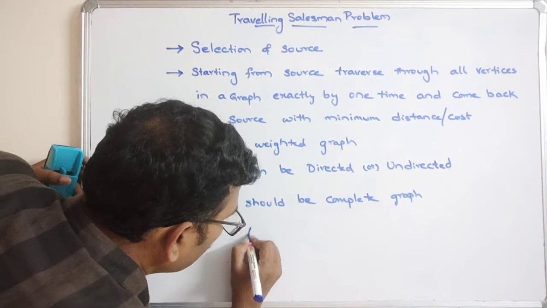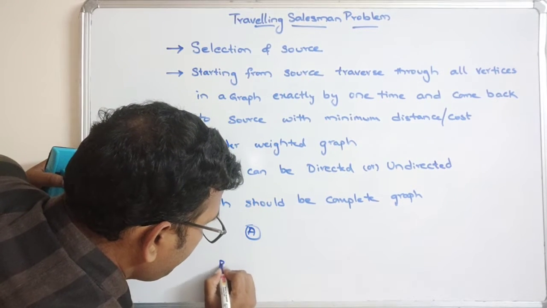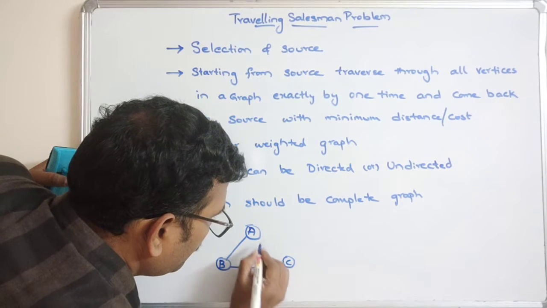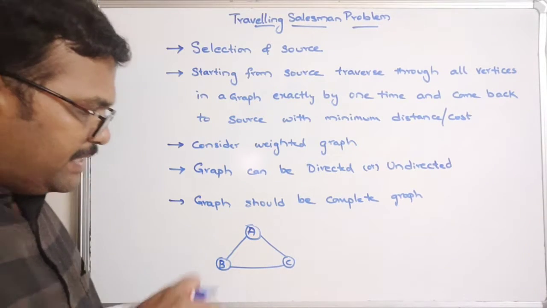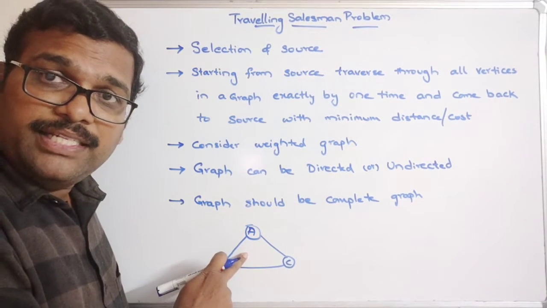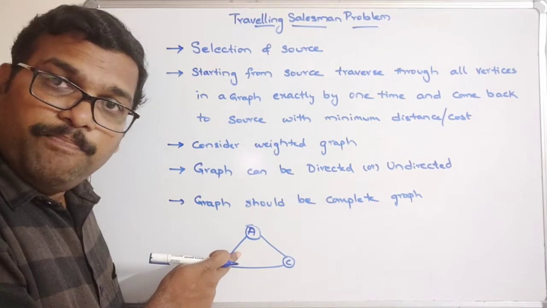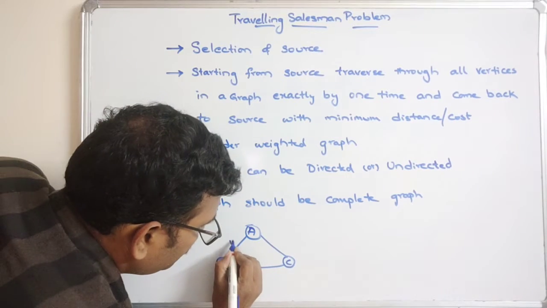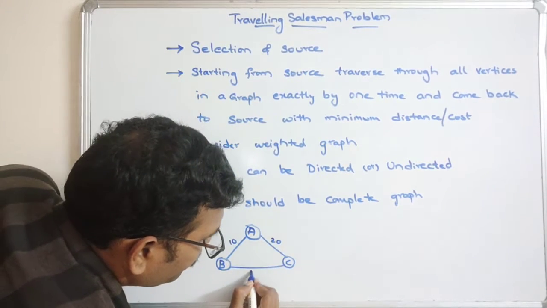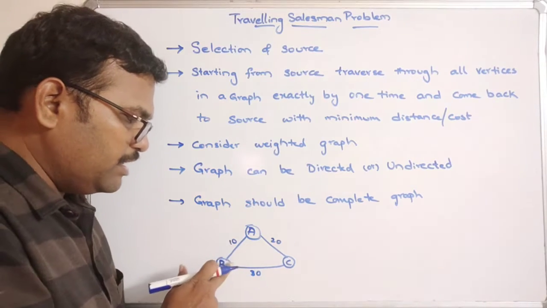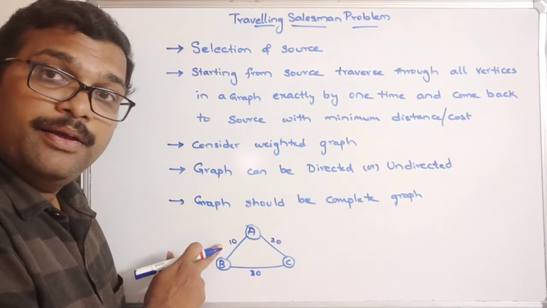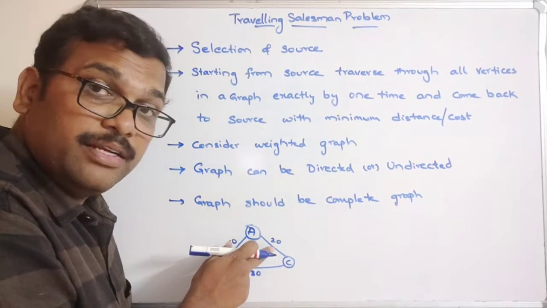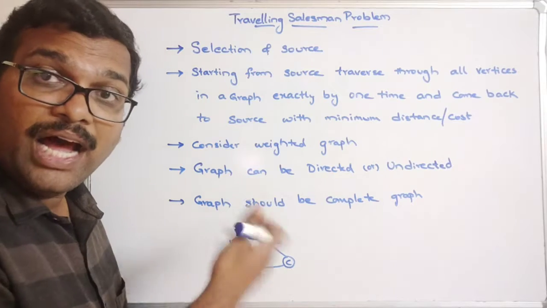For example, consider A, B and C. This is an undirected graph, so we can say this is an edge between A and B and also B and A. Let us take the distances: the distance between A and B is 10. Similarly, the distance between B and A is also 10. The distance between A and C is 20, and similarly C and A is also 20, because it is undirected.